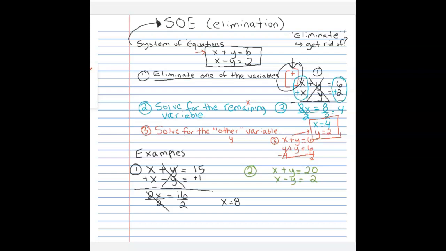And then what I'm going to do is go back and find y. I'm going to make this a different color. Let's use the first one because we want the plus y there. It doesn't really matter which equation you pick. I always like going for as many positives as I can. So x plus y was 15. I'm just taking this from right here. We know x is 8.